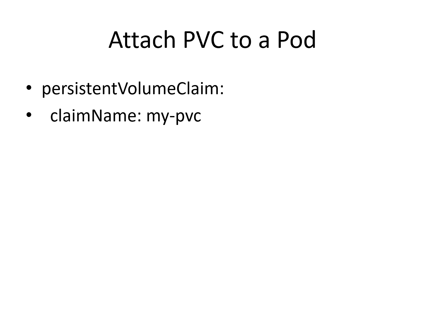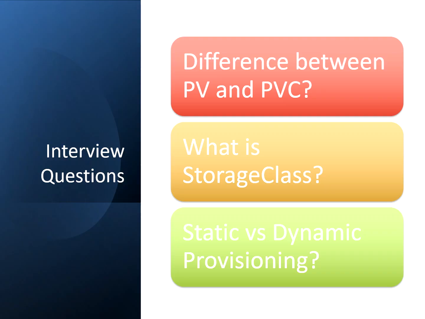We need to use the storage inside the application, so inside the pod specification, we will have to reference the claim name. Once the pod starts, Kubernetes will mount the storage automatically, and the application will now read and write data safely, and even if the pod restarts, the data remains available.